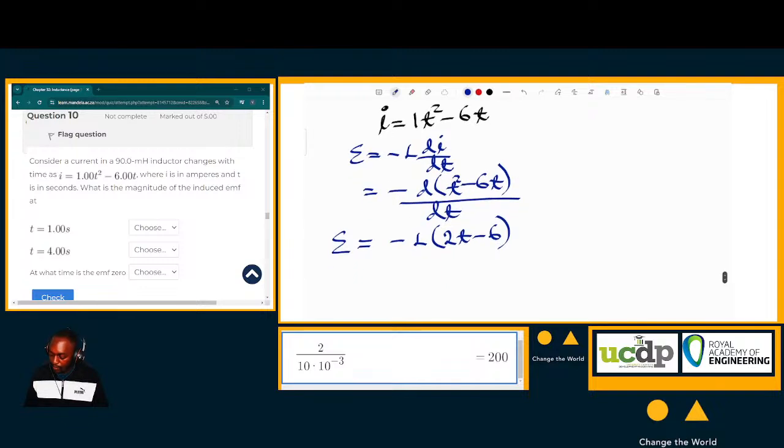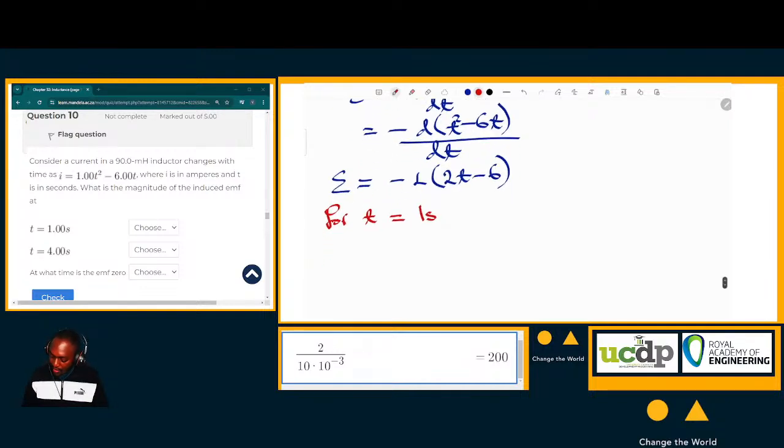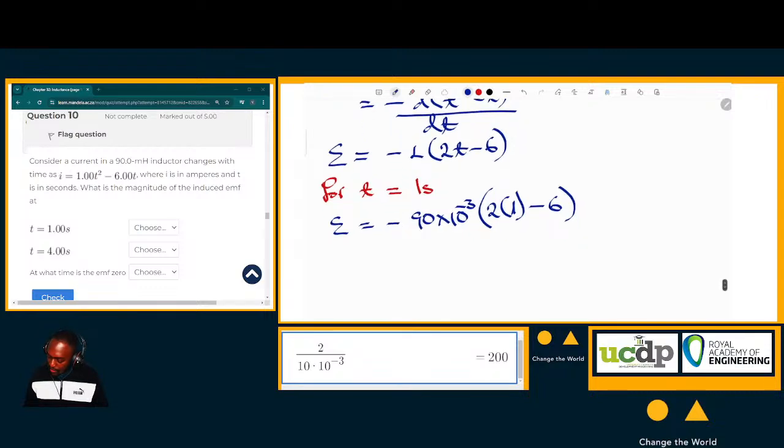Okay, so for the first case, t equals 1 second, where there is t, you substitute 1 second. Your EMF will be equal to negative the inductance we were given, that's 90 times 10 to the negative 3, times 2 minus 6.